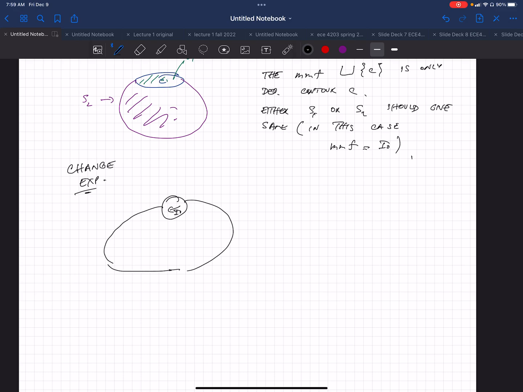Now I'm going to put a capacitor here, and I'm still going to have this I0 for a while. And let's say this capacitor has no current leakage.